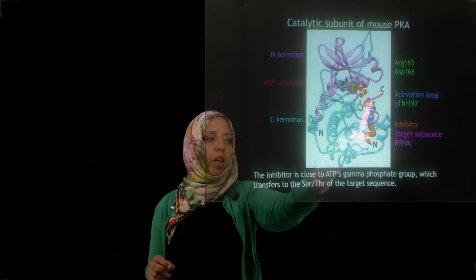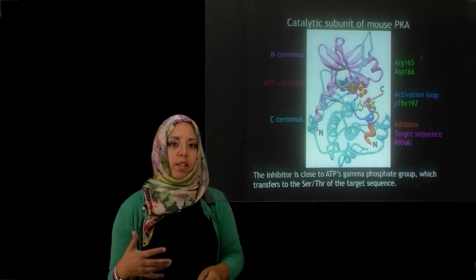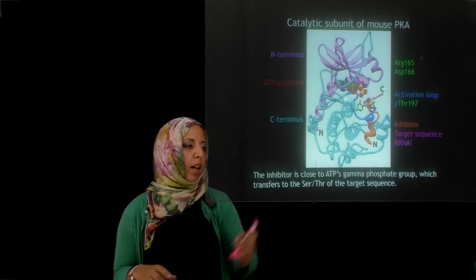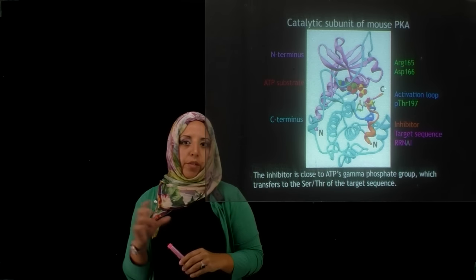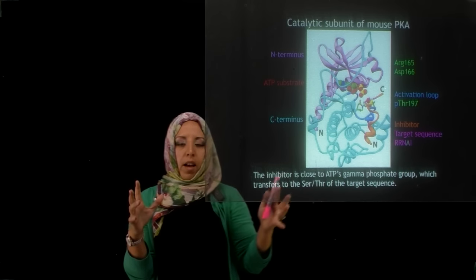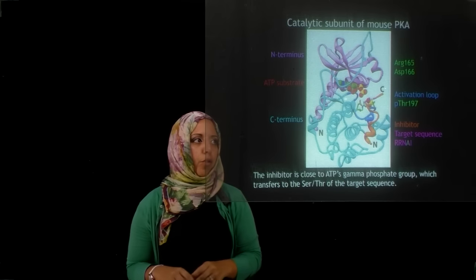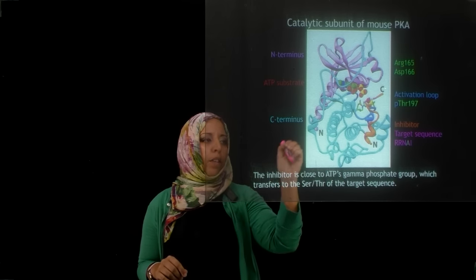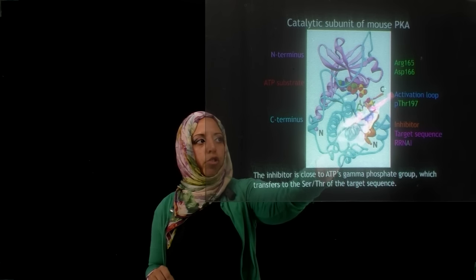So it is shown right here, but it's shown as an inhibitor sequence where A really would have been the threonine or the serine that is being phosphorylated, but in this case it has alanine instead, right? And remember, it recognizes sequences where you have 2 arginines, a small residue, and then serine or threonine, and then typically a hydrophobic residue. Right? And near that target sequence, there's this activation loop, which is shown in blue.